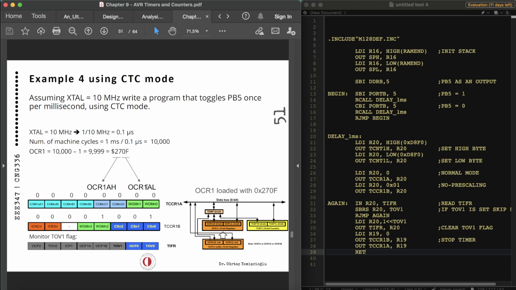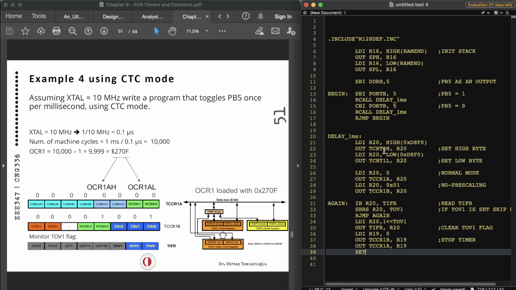And we have to load these into OCR1AH and OCR1AL. And as this is in CTC mode, this bit has to be set in the TCCR1B. So we just need to modify this code, and this part remains as it is. So the timer part we have to configure.